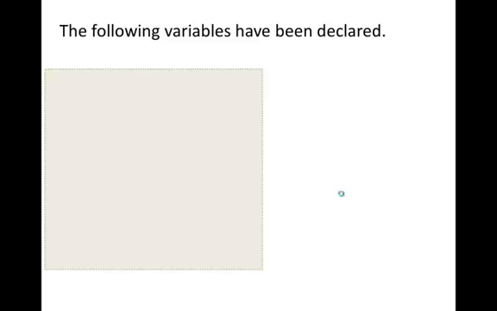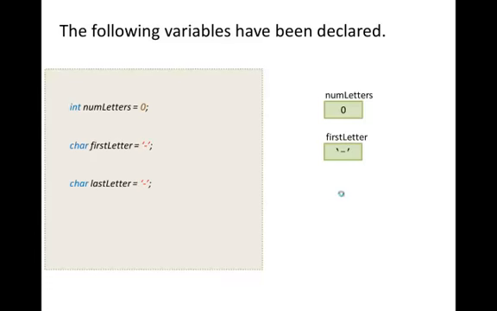So let's begin declaring our variables. First we have int numLetters. I'm declaring a memory cell to hold the length here, and I'm calling it numLetters. It's going to be an integer. Then I have a memory cell to store the first letter. I'm going to call it firstLetter, and it's a char type. Then I'm going to have a character to store the last letter.